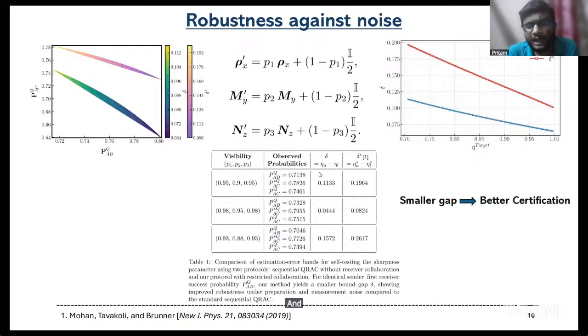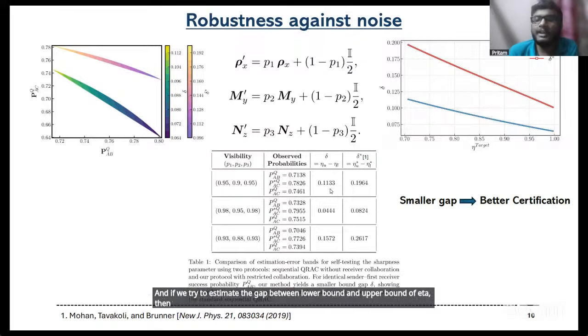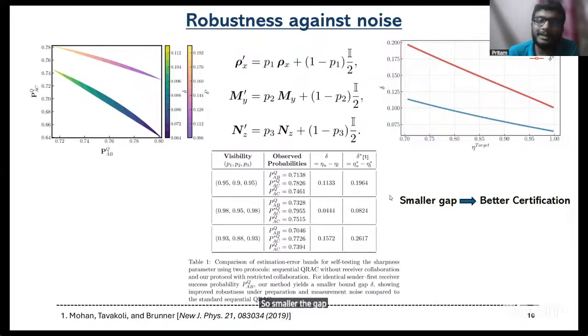If we estimate the gap between the lower bound and upper bound of eta, we get a significant improvement over the previous one. This delta star is the gap between upper and lower bound from Tavakoli's result, and this delta is our result. We can see almost half the value. So a smaller gap means better certification.